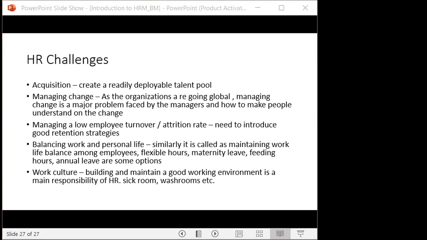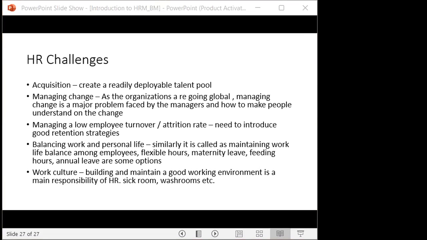And lastly, building up the work culture. Creating a healthy working culture or working environment is very important and very difficult, right? Because people are different.